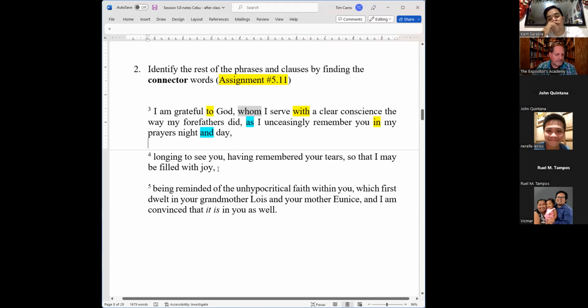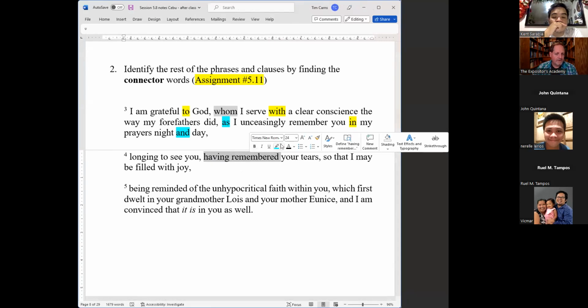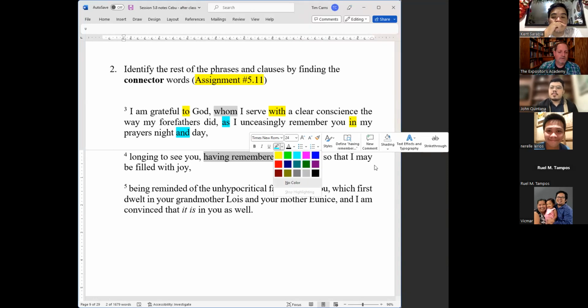All right, let me ask Vikmar, if you're there, to do verse 4. Good morning. Conjunctions, "having." What kind of connector word is "having"?